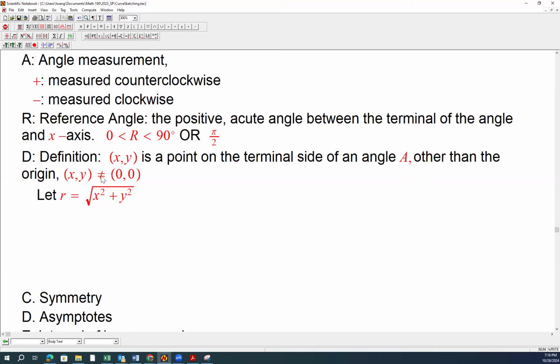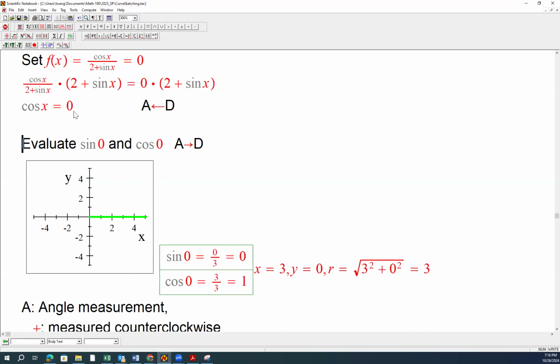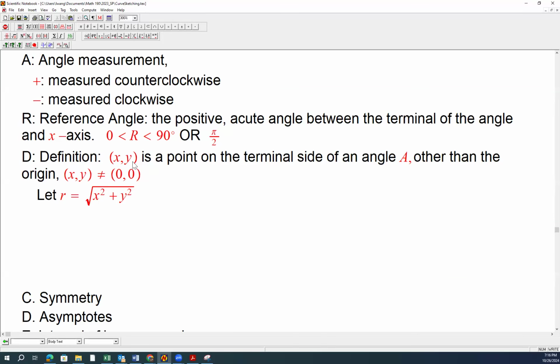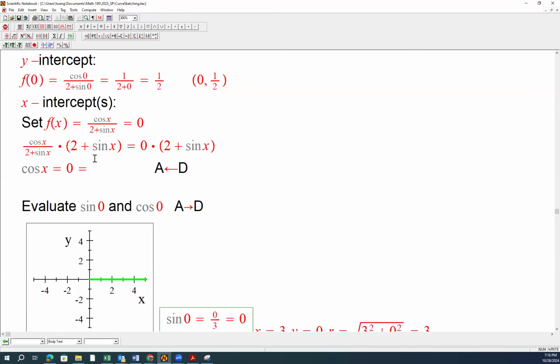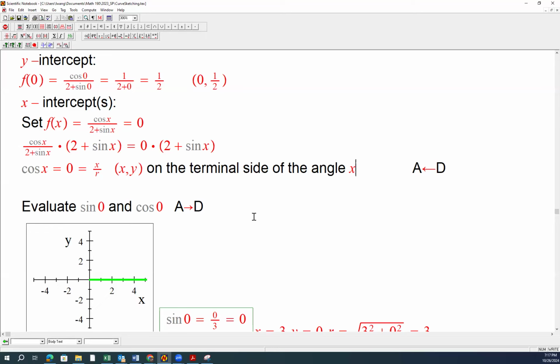From the definition, if we use the point x comma y on the terminal side of the angle, cosine equals x over r. Angle what? Angle x. We don't know it.